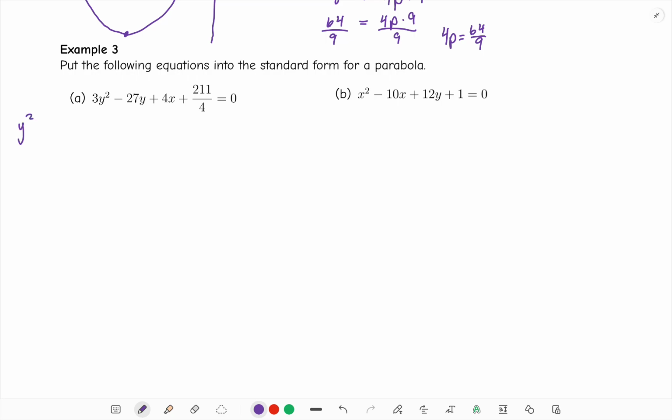It's y squared, which means this is horizontal. If it's horizontal, you want to get the y's by themselves. So I'm going to subtract the 4x and subtract the 211 over 4 from both sides.